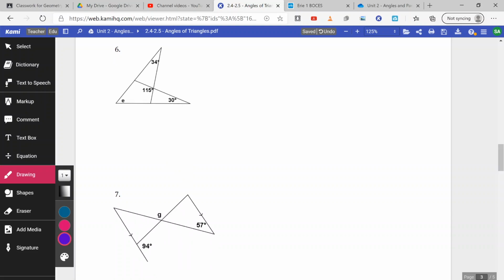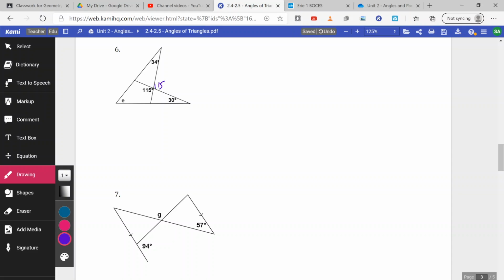Number 6, we start getting even fancier. We've got a whole bunch of stuff going on here. We've got angle measurements of E, 34, 30, and 115. So we just have to go along and try to figure things out. 115, we know this outside angle is also 115 because they're vertical angles.